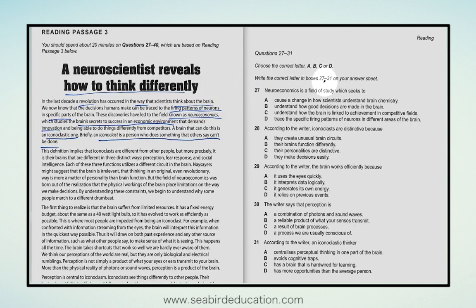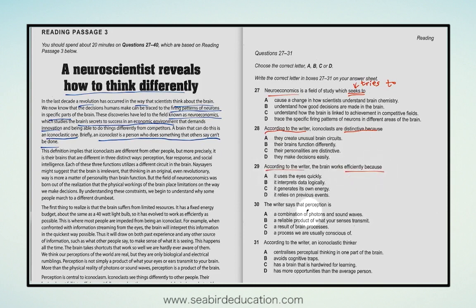Okay. These are the type of questions I would not look at before you read. I could look at only the questions, but not the distractors. A field of study which tries to... in this case. Okay, according to the writer, they're distinct because the brain works efficiently because perception is... According to the writer.